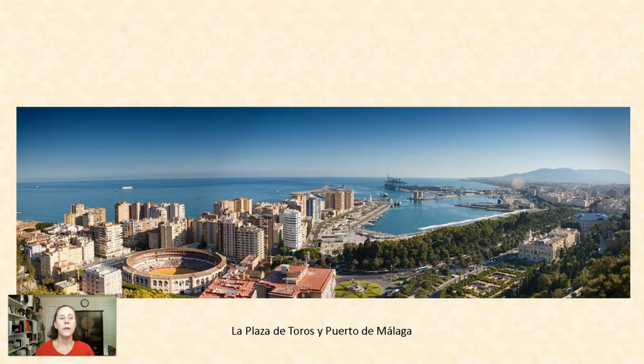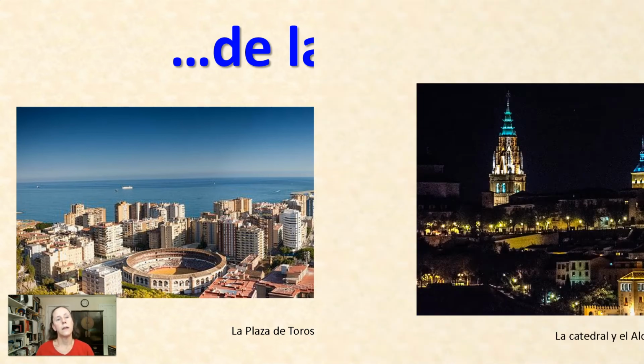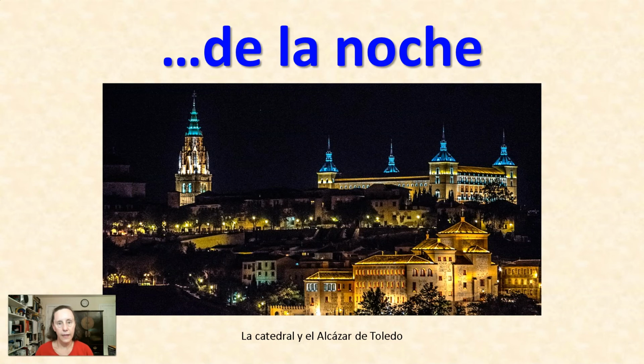All right. In the afternoon, de la tarde. We could say, practicamos deportes a las 3:30 de la tarde. And night, de la noche. Nosotros empezamos a estudiar a las 8 de la noche.